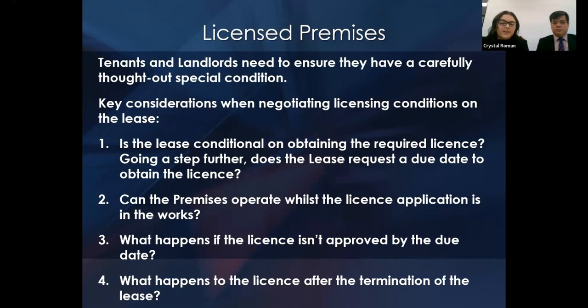From the landlord's perspective, if the premises hasn't been used for months while the tenant is waiting their license approval, it would obviously be in the best interest for the landlord to recover some sort of payment. For example, it may be suitable as landlord to request something that could be described as a lease deposit, being, for example, 2 months of lease rents worth at the commencement date or at the date that the lease is signed, and which can be forfeited to the landlord in the event that the license isn't approved.